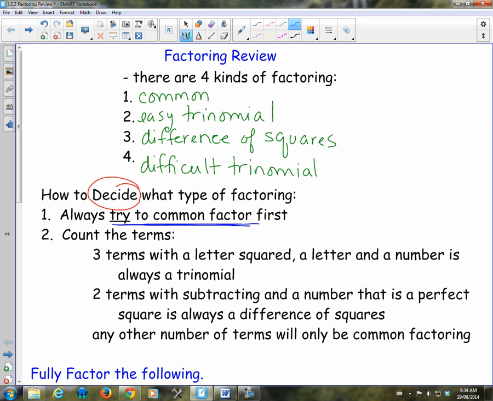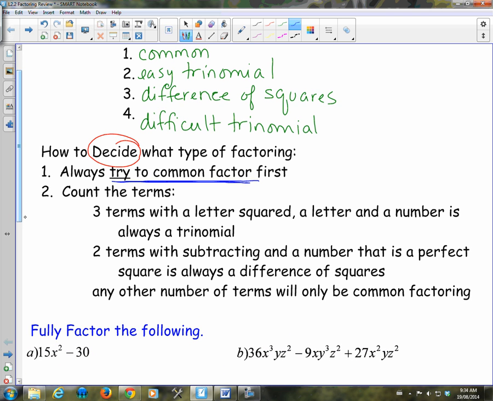After you've tried to common factor, look at the number of terms you've got. 3 terms is special. 3 being tri, like a trinomial. If you have a letter squared, and then just a letter, and then just a number, it's always a trinomial. It'll either be an easy trinomial or a difficult trinomial. If there's a number in front of the letter squared that you can't factor out, it's a difficult trinomial.